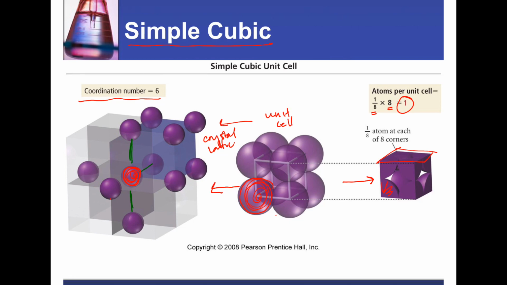It's sitting next to this one in the back, this one on the side, this one coming out front, this one going to the left. So that is 1, 2, 3, 4, 5, 6. Every atom in my unit cell is in contact with 6 other atoms. Its coordination number is 6.